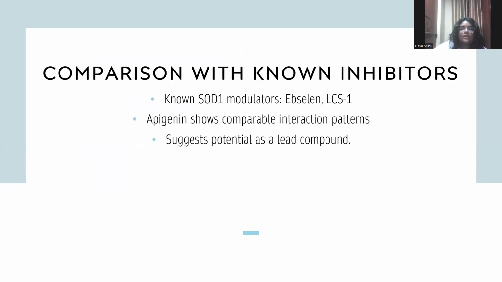Through different literature, we know that some of the known SOD1 modulators or inhibitors are ebselen and LCS1, and from the data that I got, Apigenin shows comparable interaction patterns with these known modulators, and this suggests Apigenin as a potential lead compound in drug discovery for ALS.